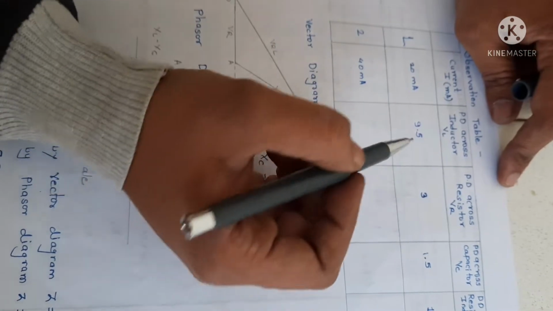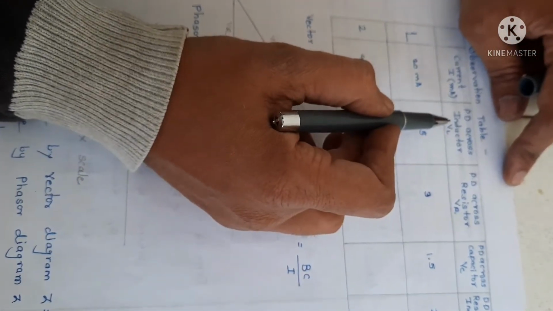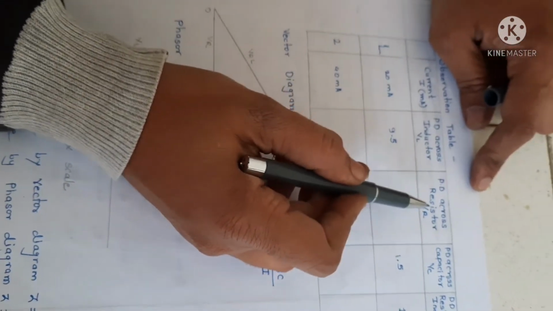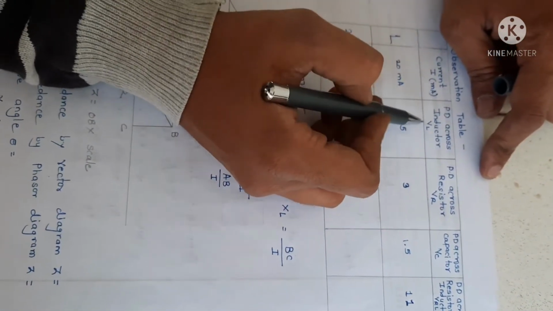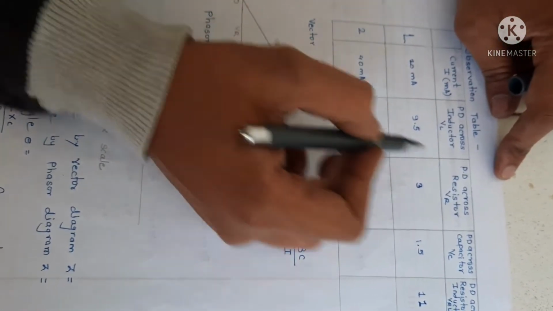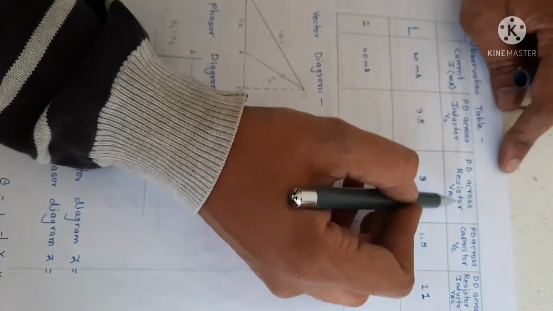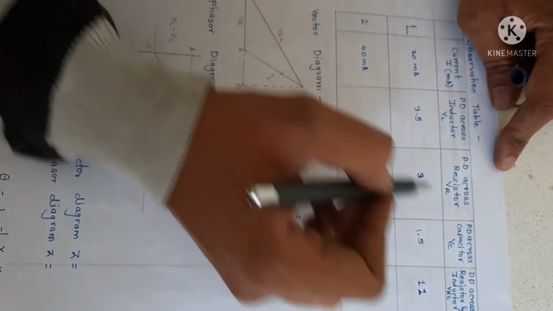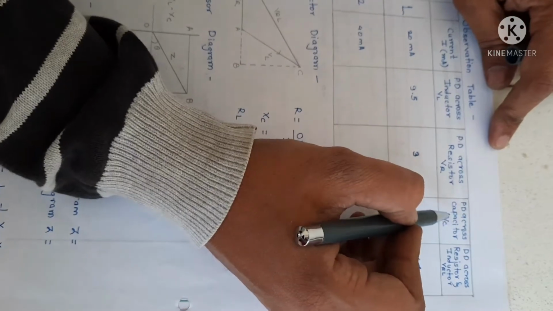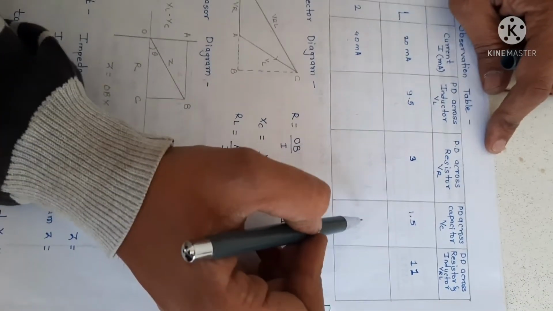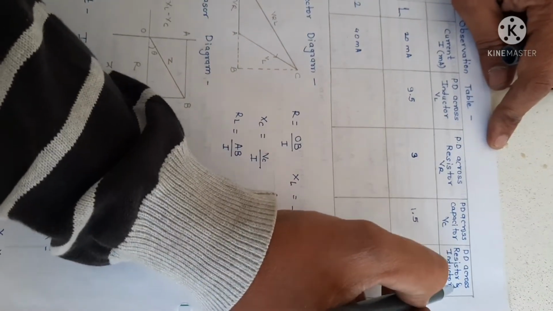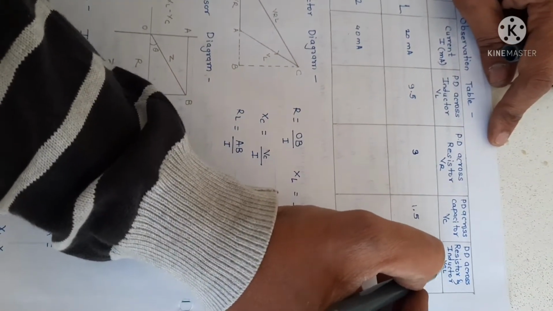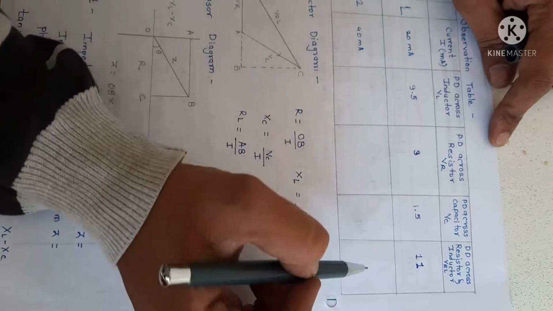Now I am going to measure all the quantities I measured previously: the potential difference across the inductor, VL, across the resistor, VR, across the capacitor, VC, and across the resistor and inductor, VRL, for 40 milliampere.